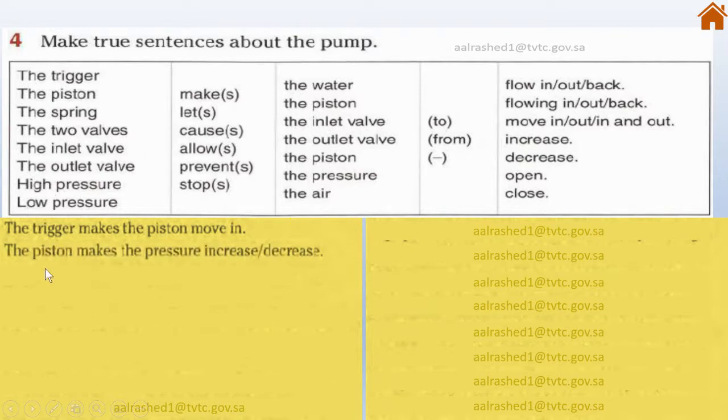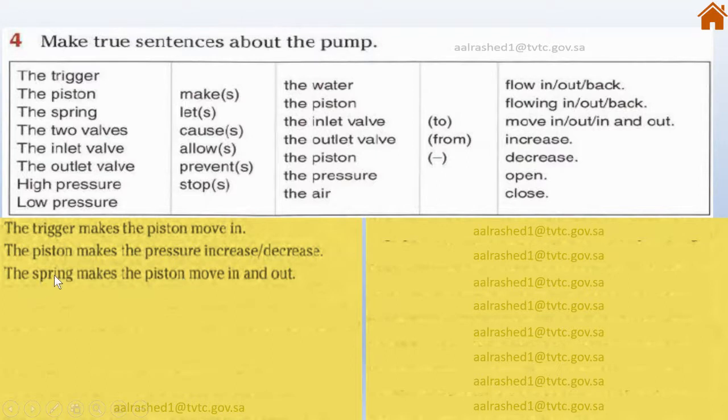Second example, the piston makes the pressure increase. Okay, for 3, the spring. So the spring makes the pistons move in and out.